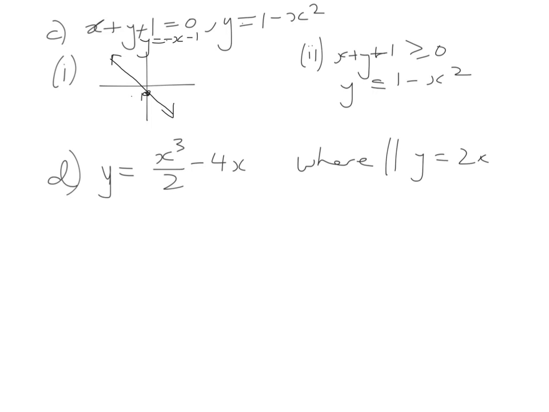So negative 1, and if it's got a gradient of negative 1, it's going to be negative 1 there also. Now the quadratic is a concave down quadratic with a y-intercept of positive 1. So that is going to look like this.